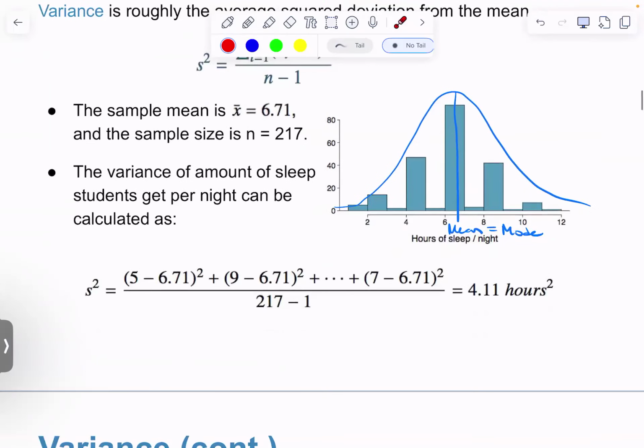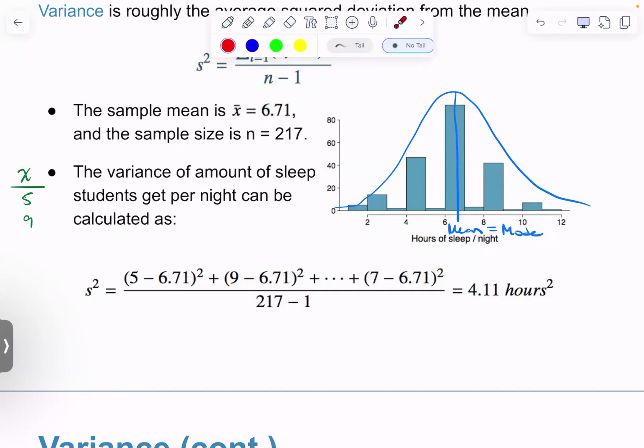We have 217 rows in our x, and they don't show it all, but the first observation looks like it's a 5.